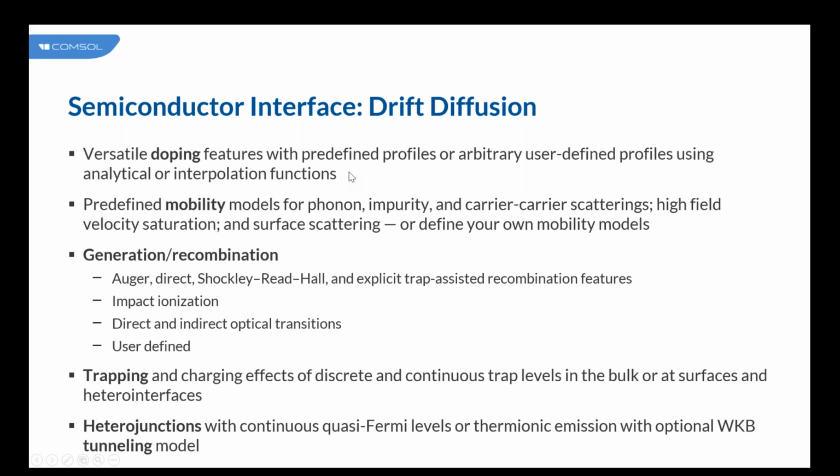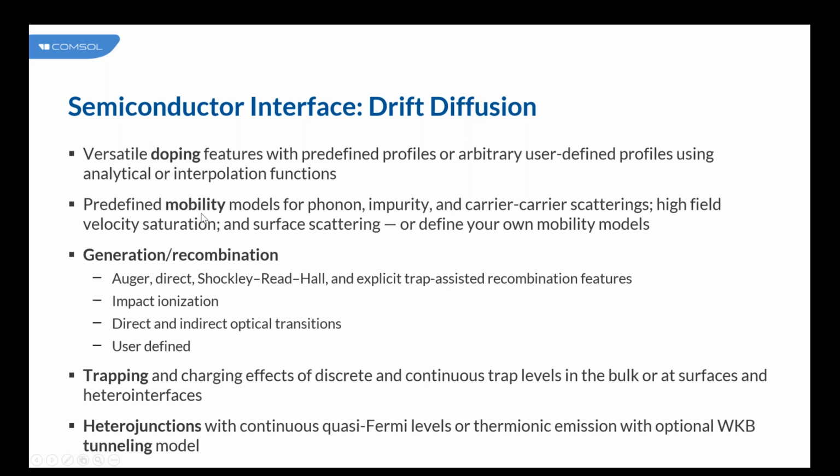predefined profiles such as geometric doping. You define the doping profile in terms of distance to the selected boundaries. And analytic doping, you can have arbitrary user-defined profiles, either uniform or in terms of space with analytical or interpolation functions.